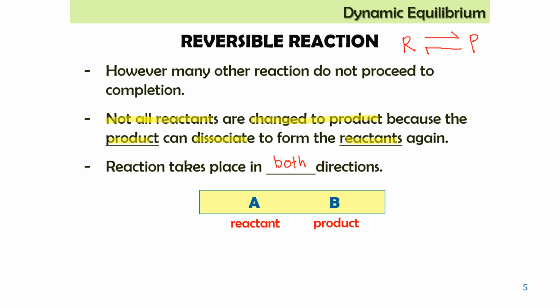So arrow yang kita akan pakai adalah arrow reversible. Okay, so you can only use this arrow, bukan begini. This is for resonance and not this way. Ni pun salah. Only this type of arrow yang dibenarkan.